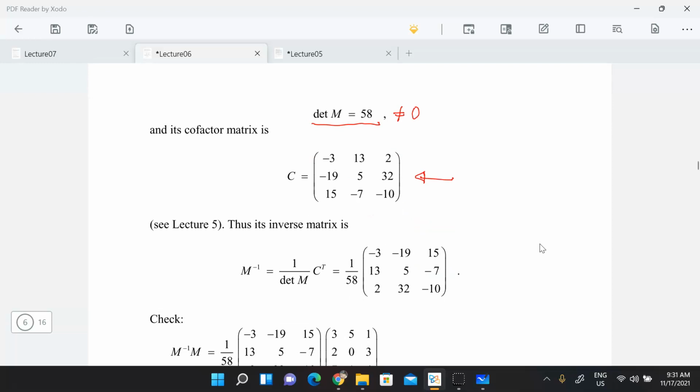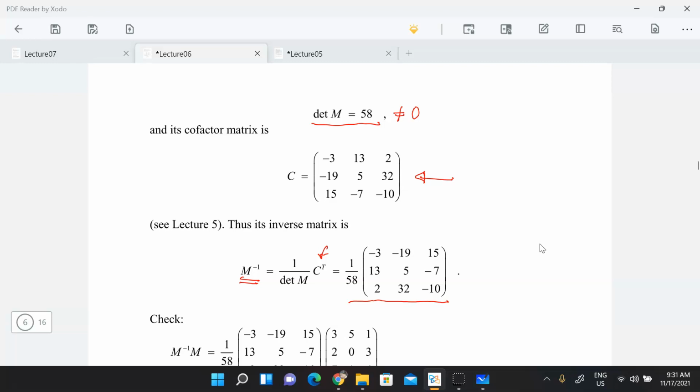And then you multiply with 1 over the determinant and take the cofactor matrix and transpose it in this way. Then essentially we claim that to be the M inverse. In these types of calculations, it's useful to recheck.